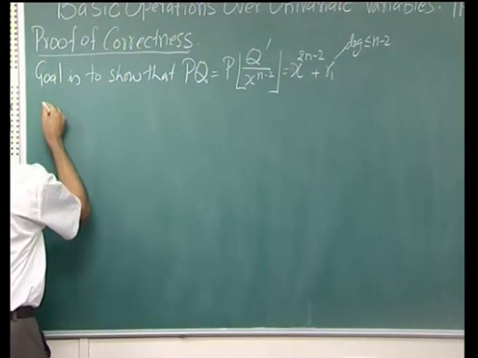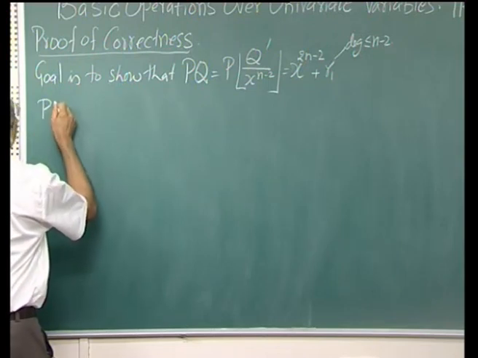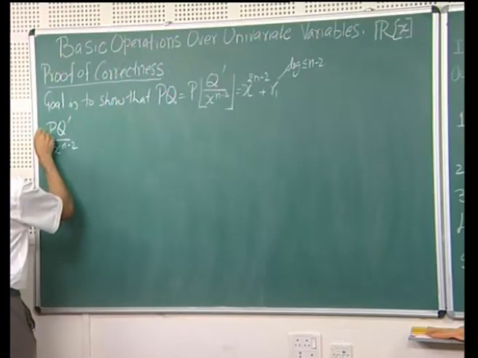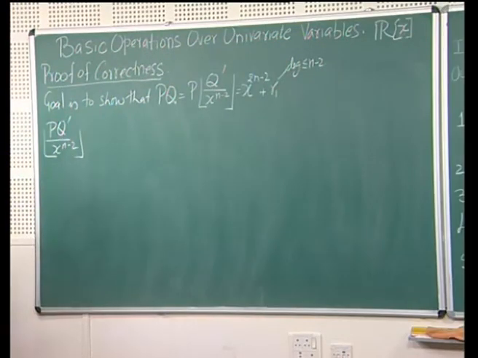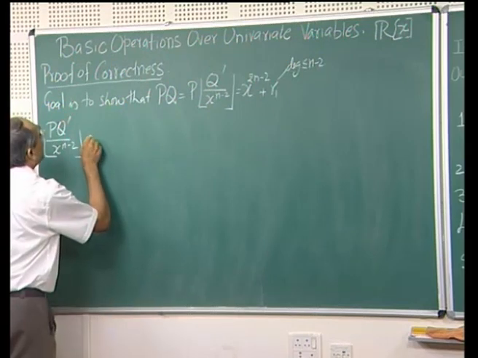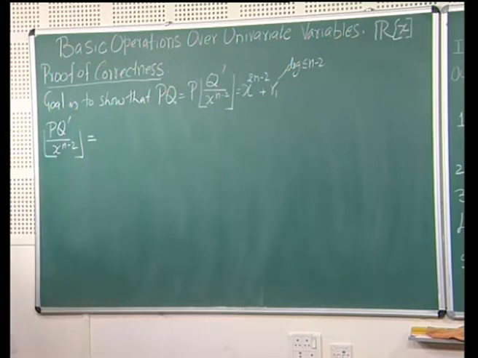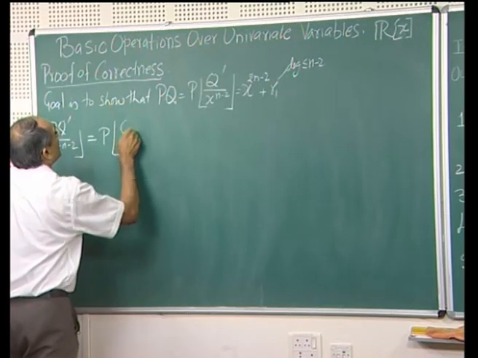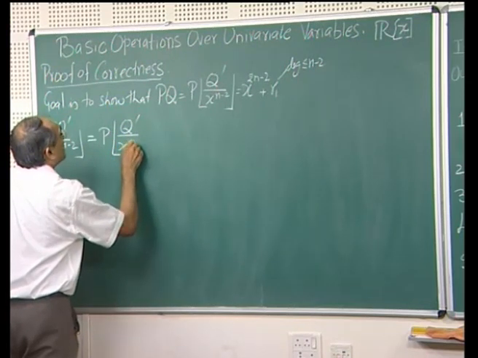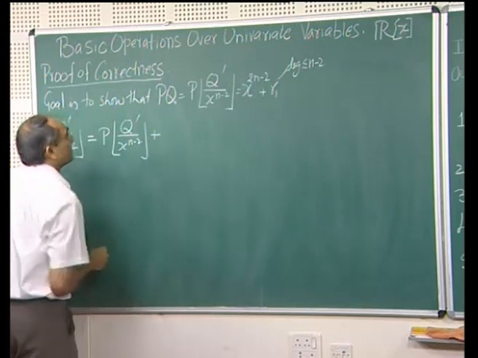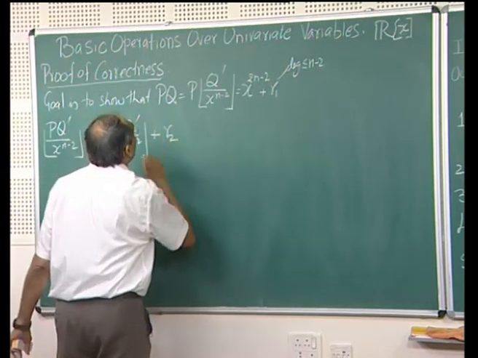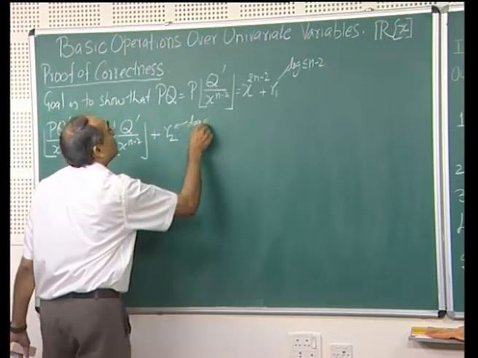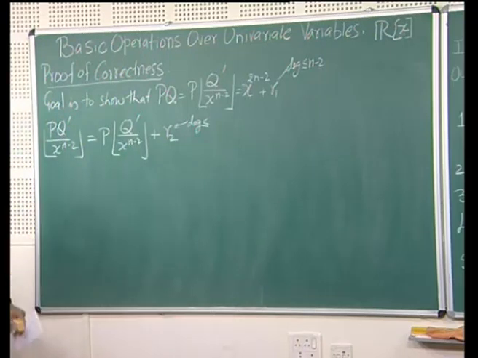Now, let us take a look at this term. This, from our lemma, is equal to P q' over x^(n-2) plus a term R2 of degree less than or equal to degree of P minus 1.